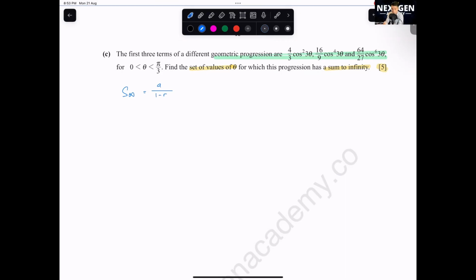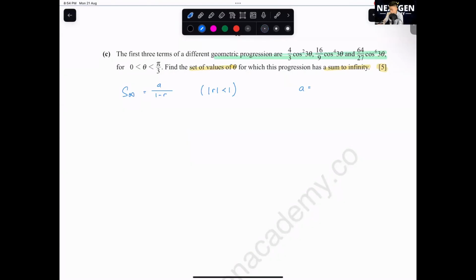Okay. Don't just write this. Normally, you will need to use this also. They wrote here, right? Your modulus r is less than 1. All right. We find what is the a and r first for this question here.